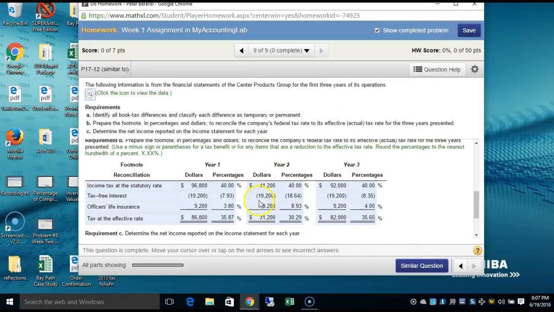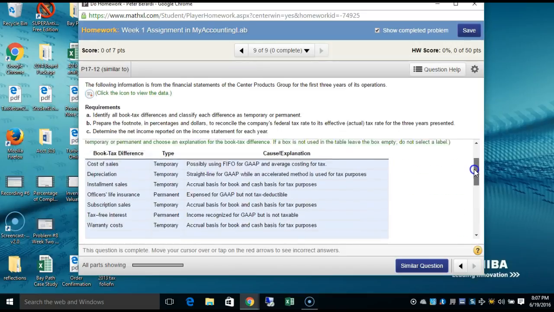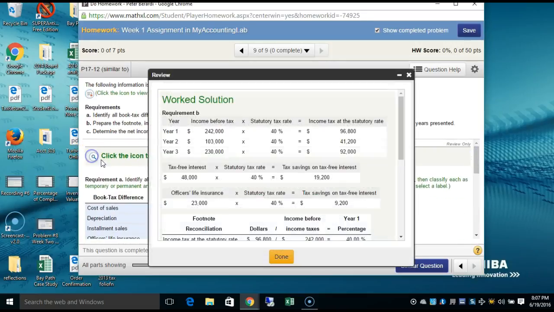Do that for each year, which is done for you here in this solution. So take the income before tax on the GAAP side, multiply it by the statutory tax rate to get income tax at statutory rate.